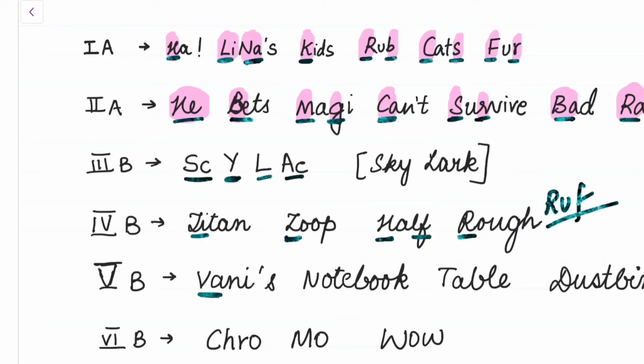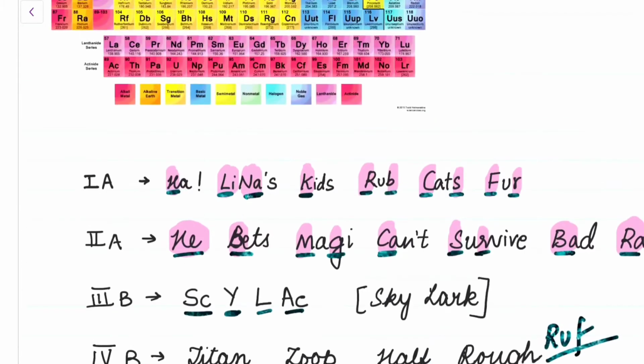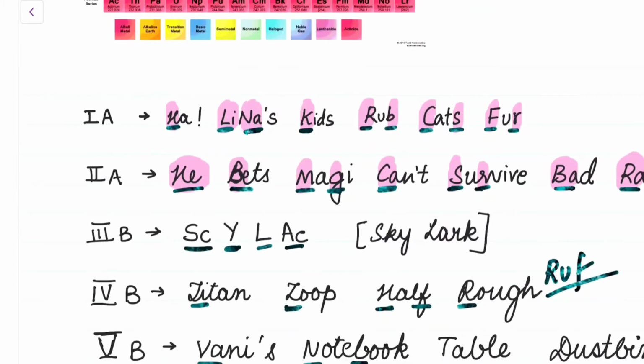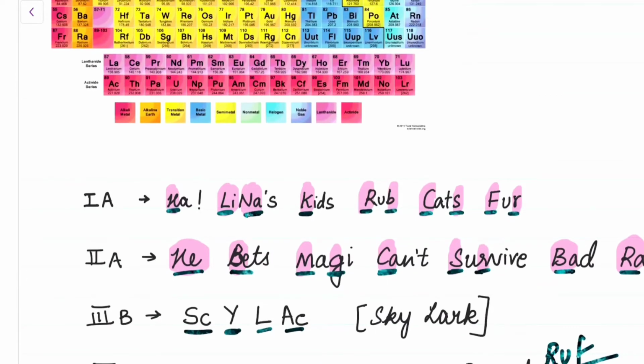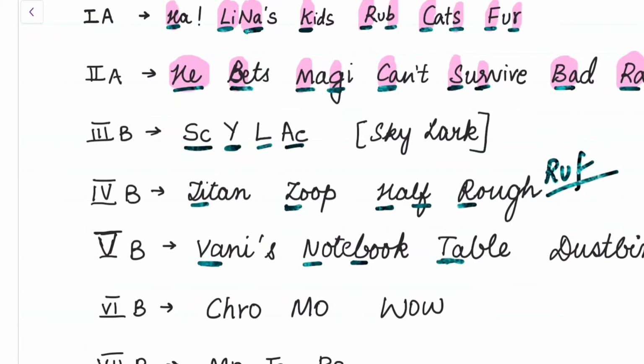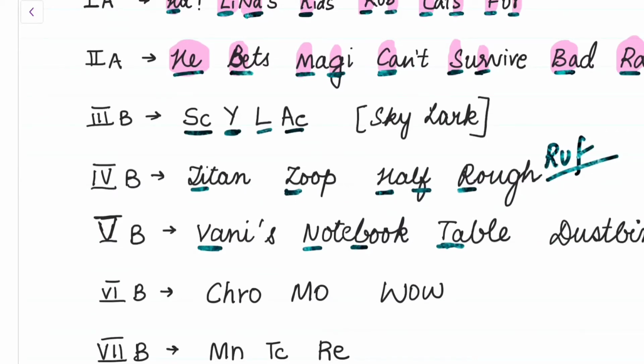So Va for vanadium, and notebook for niobium, and table for tantalum, and dustbin for dubnium. So this is the 105 group, 105 atomic number. So that is dustbin. So Vani's notebook table, dustbin. Alright, so Vani's notebook table is in dustbin right now.